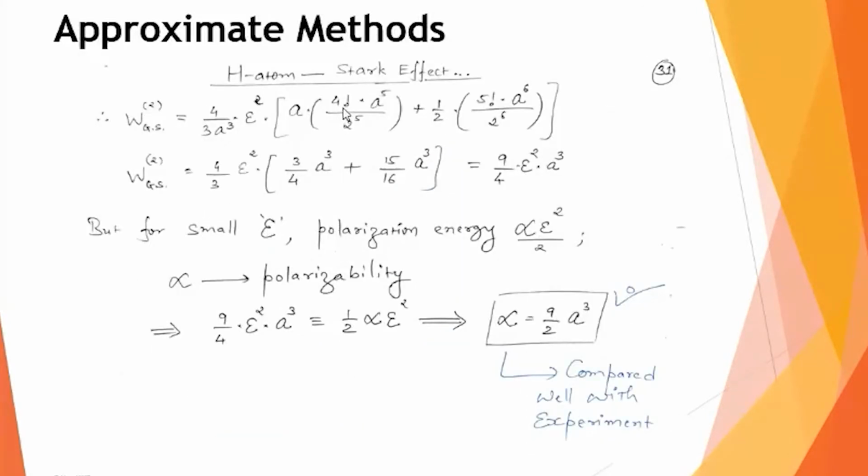And don't forget, 4 factorial means 4 into 3 into 2 into 1, and 2 raised to 5 means 2 multiplied 5 times. So if I simplify everything, then I can calculate the ground state energy correction for the second order as 9 by 4 E square into a cube, where E is nothing but the strength of the electric field, and small a is nothing but the Bohr radius.